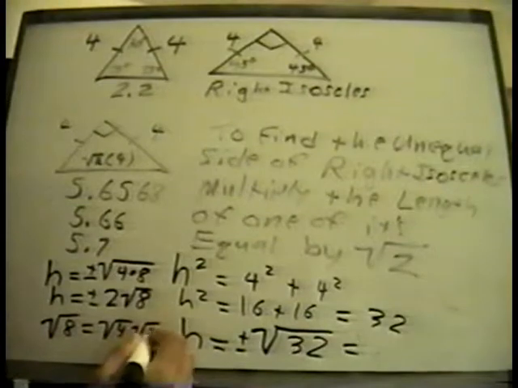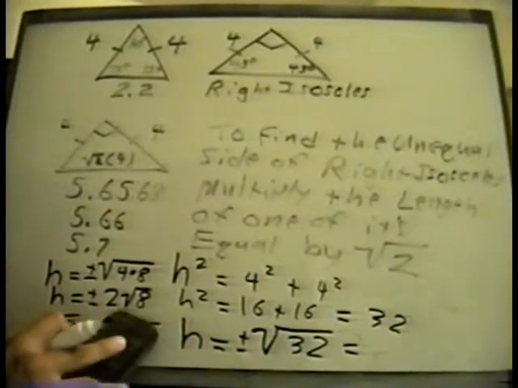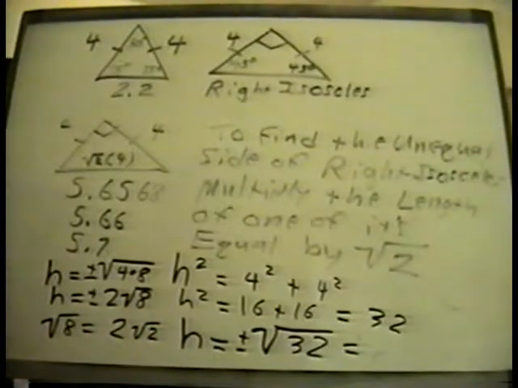Okay, but then you can further reduce the square root of 8. See, because the square root of 8 is equal to the square root of 4 times the square root of 2. And then the square root of 4 reduces to 2.